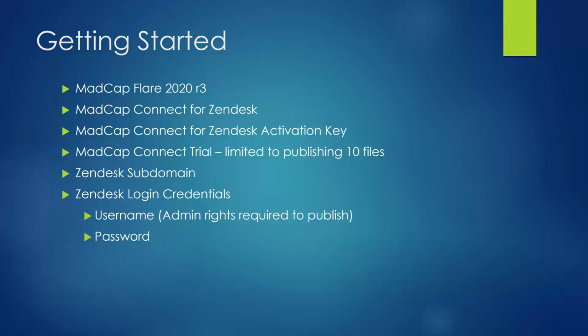Next, you will need your activation key. If you don't have an activation key and you're using MadCap Connect in trial mode, you should be aware that you will be limited to publishing 10 files. If more than one team member is publishing in trial mode to the same Zendesk portal, you'll overwrite each other's content. So that's something to be mindful of. Again, that's only if you're in trial mode.